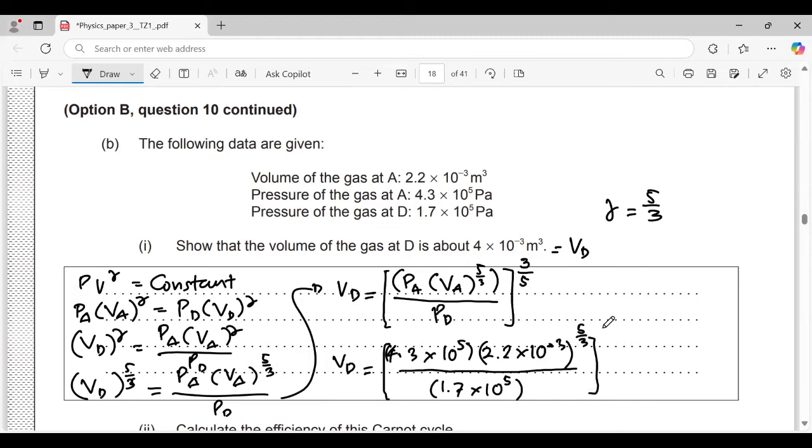All of this fraction to the power 3/5. If we calculate, the result is 0.0033839, rounded to 3.84 times 10 to the power minus 3. The unit is meters cubed.